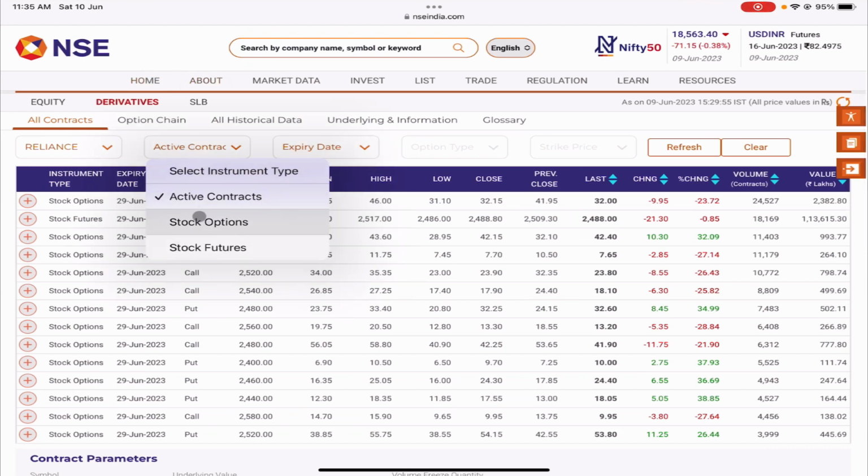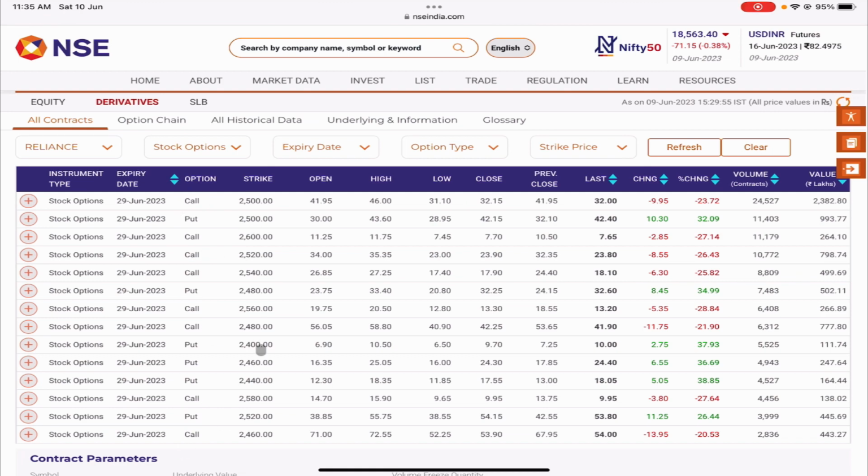Active stock options. Let's just see stock options. Look at this. Okay, strike price. Now look at the expiry date. It is expiring on 29 June. So the 2500 call option, which is expiring on 29 June, is costing me 32.